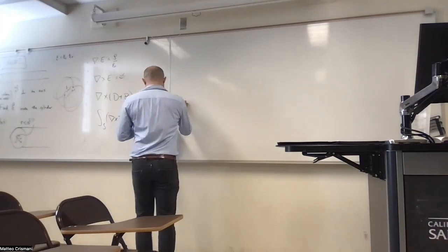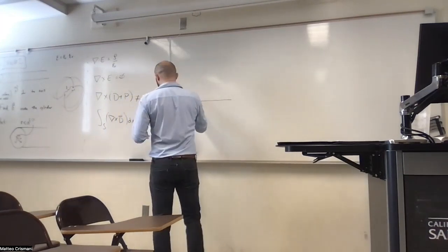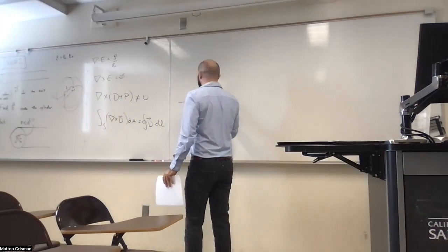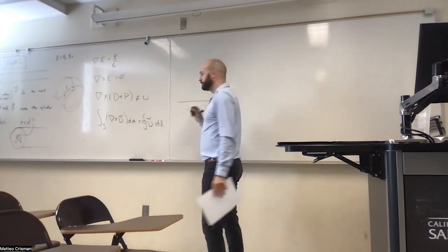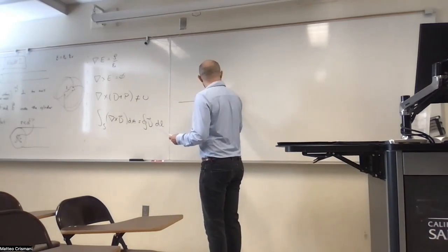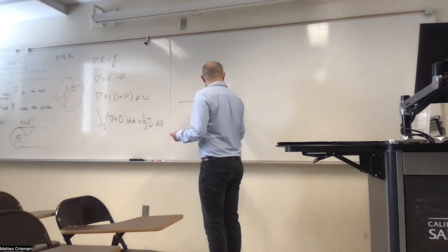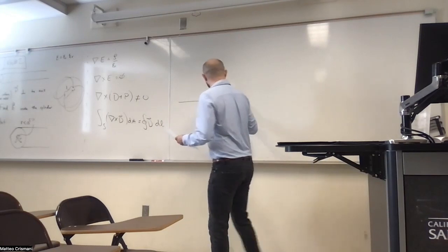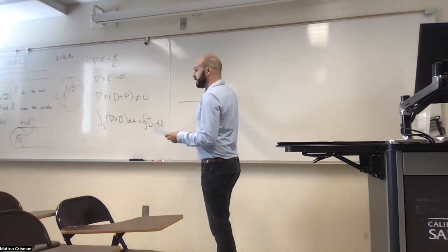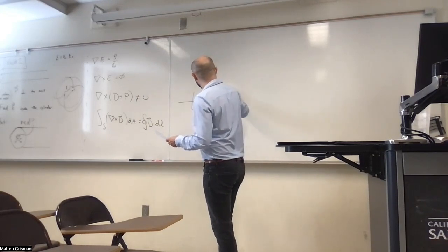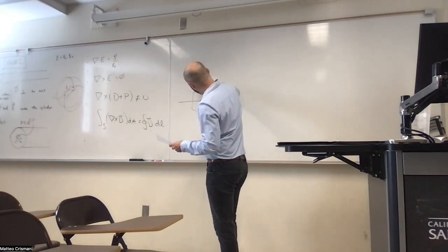So you can imagine a world in which you have two dielectrics next to one another. Let's say that's 1 and 2. And you can follow some path through both of them.